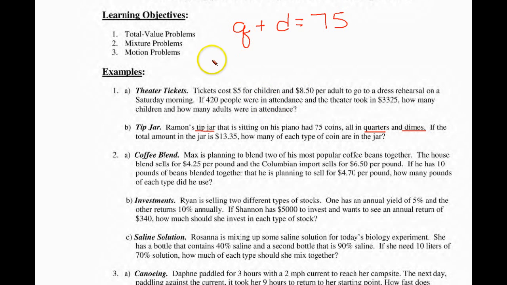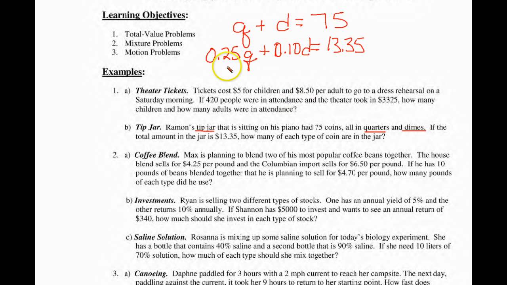Now, what's a quarter worth? Well, 25 cents times the number of quarters, and a dime, 10 cents, and the total amount in there was $13.35.